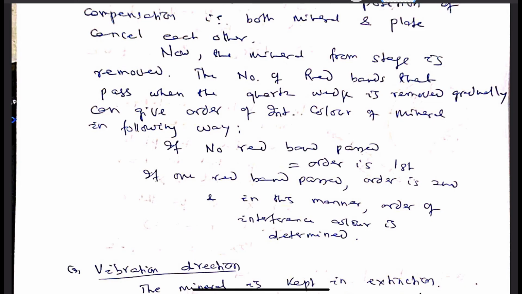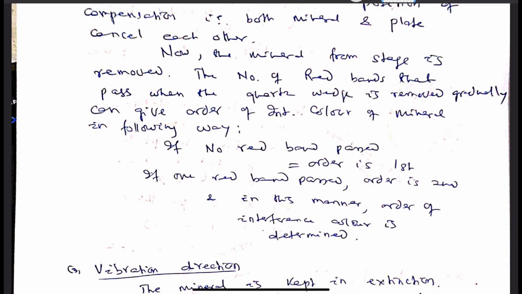In this condition, the quartz wedge is gradually pushed further and further till a dark band or a dark grey color is seen. That is the position of compensation. Both balance each other, mineral and the wedge. Further pushing of the wedge is not made.